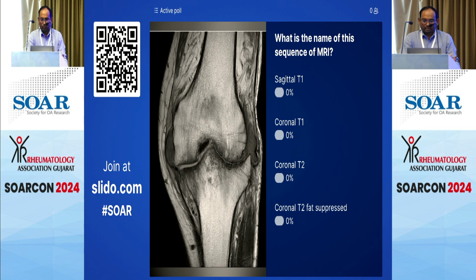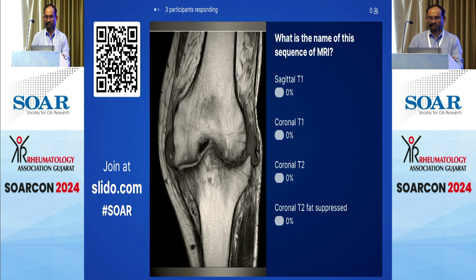So what is the sequence, based on the last 7-8 cases which I showed you? Can you guess what this sequence is? The marrow is looking bright, and the fluid, this joint effusion, is looking gray or dark.